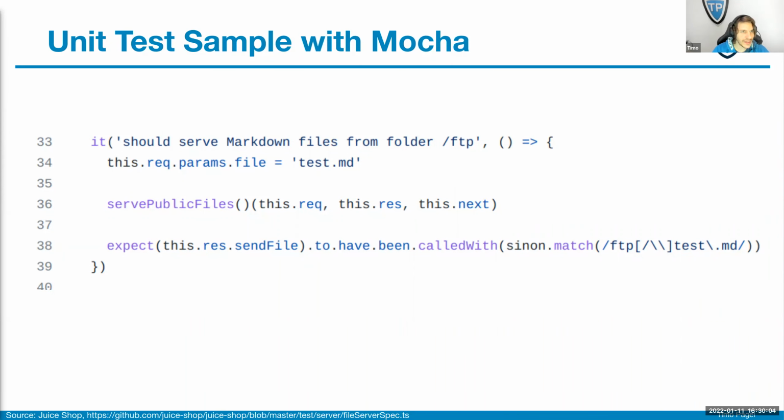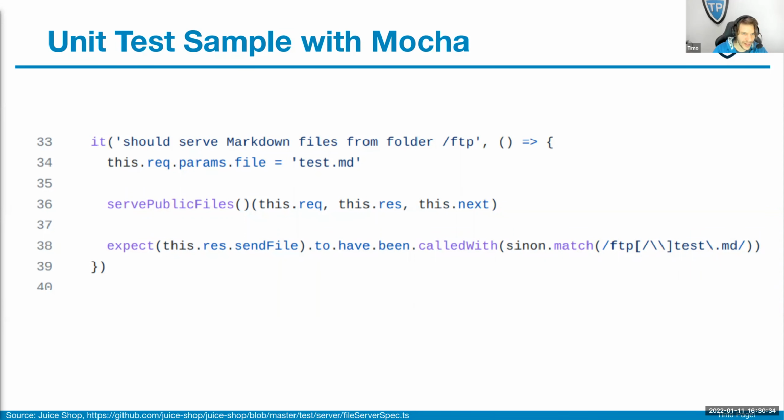Here is an example with the framework Mocha, and the test is "should serve markdown files from folder /ftp". So here it's getting tested that the file /ftp/test.md, which you can see here in the request parameter, and then we use the function serve public file.